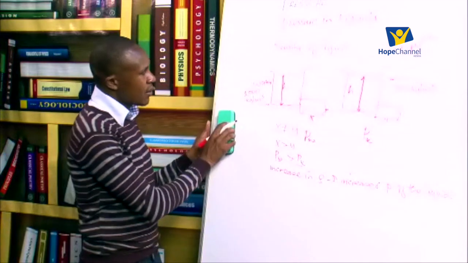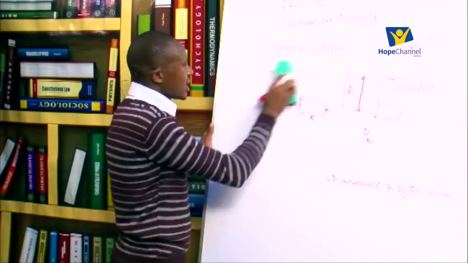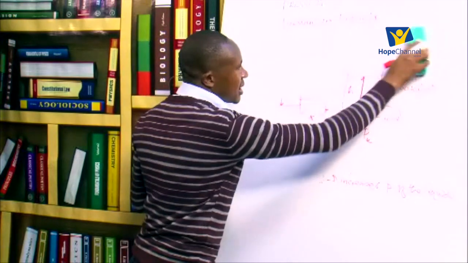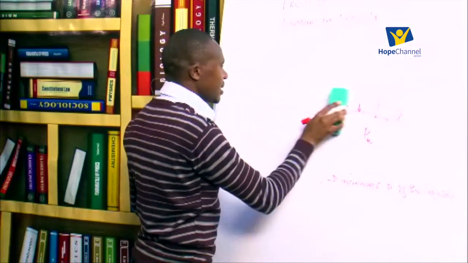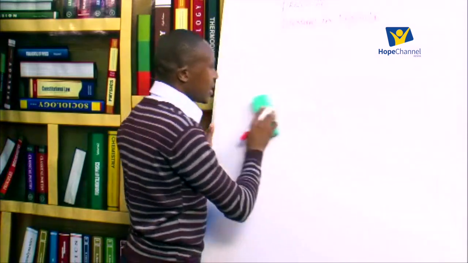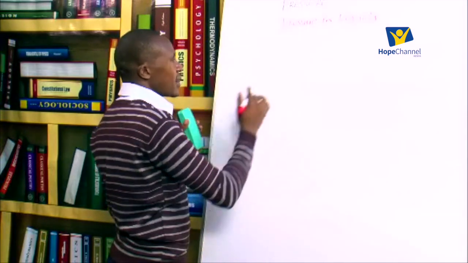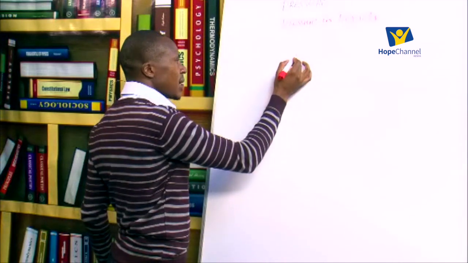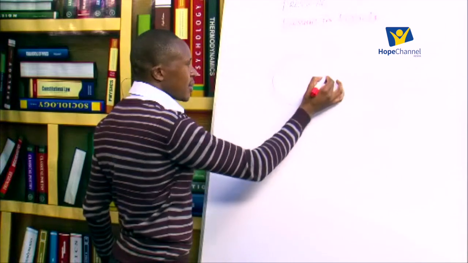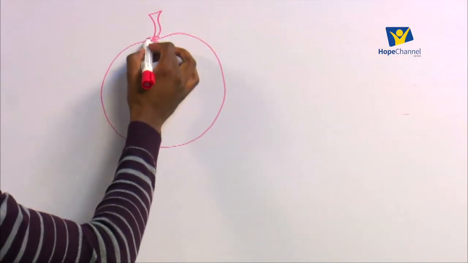And now one thing we can again mention here, as much as we are saying that the pressure in a liquid varies depending on the density and the height or the depth of the liquid, there are other things which come out. Suppose we had a liquid in a given container, say a balloon. Let's have a balloon, and then the balloon is filled with a liquid, and then it is sealed on one side.